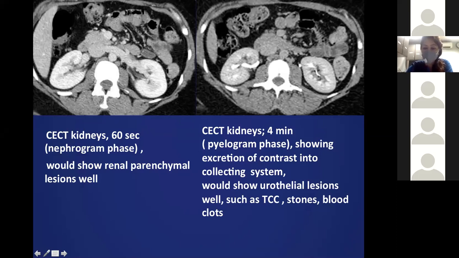Even if there is any mass within the pelvic calyceal system, like transitional cell carcinoma or any blood clots, they are well appreciated on this pyelogram phase. If there is any mass within the renal parenchyma, we can well appreciate it on the nephrogram phase. Okay, you just need to know what is the nephrogram phase and what is the pyelogram phase. That's it. Nephrogram phase is the enhancement of the parenchyma to rule out any parenchymal abnormality, and the pyelogram phase is for the pelvic calyceal system to rule out any abnormality within it.